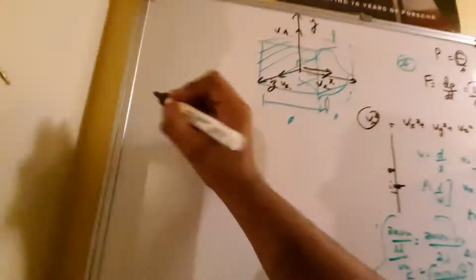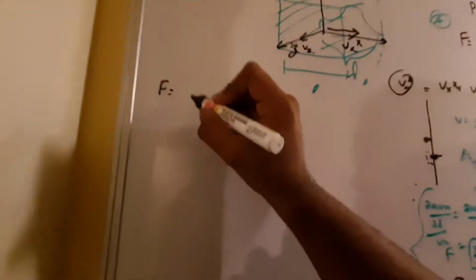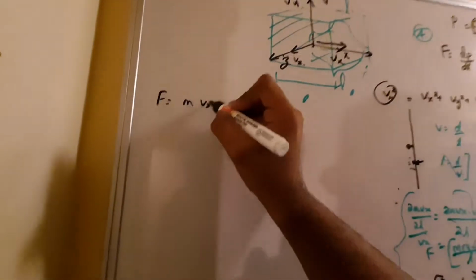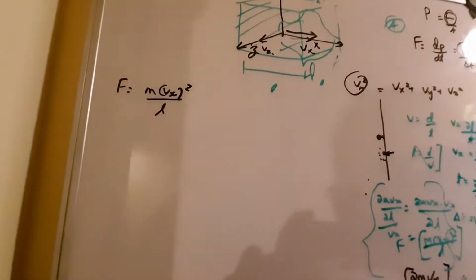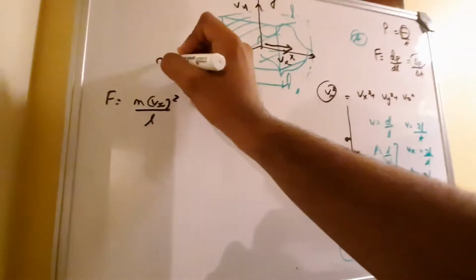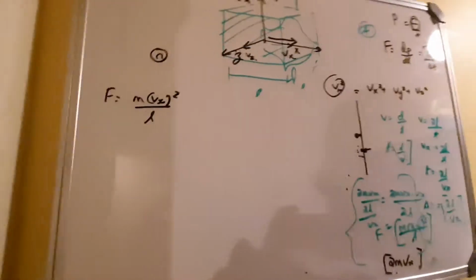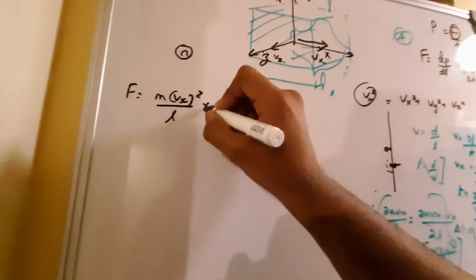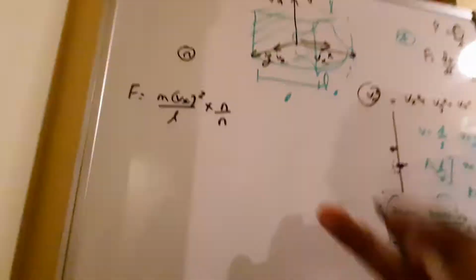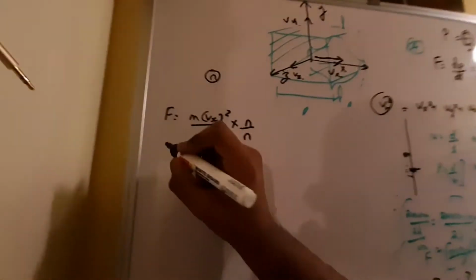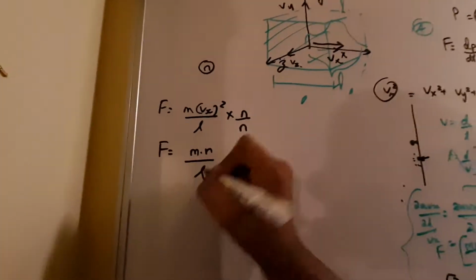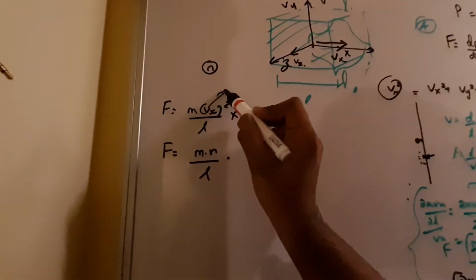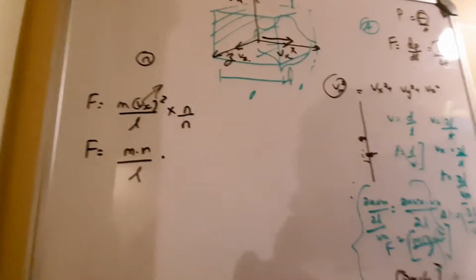Now let me take my equation where force is equal to m Vx square divided by L. To consider n number of molecules in the x direction itself, what I shall now do is multiply and divide with n so that I orient my answer towards n number of molecules. So this can also be written as m into n divided by L, but at the same time I'm not just supposed to write Vx.